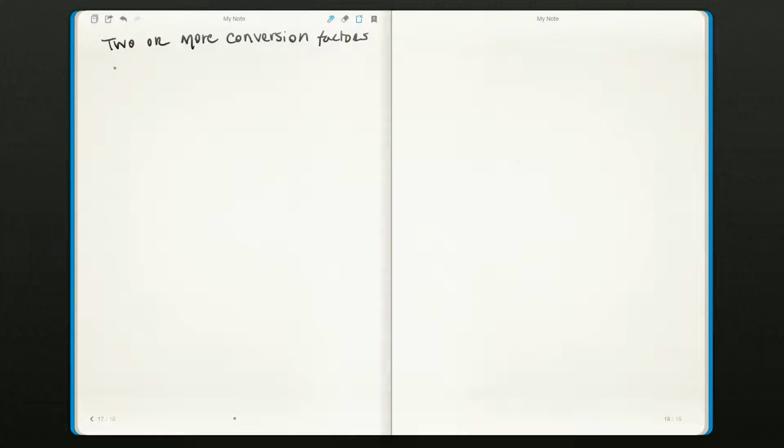Okay, so this example is from your book. A doctor prescribes a dosage of 0.150 milligrams of Synthroid.